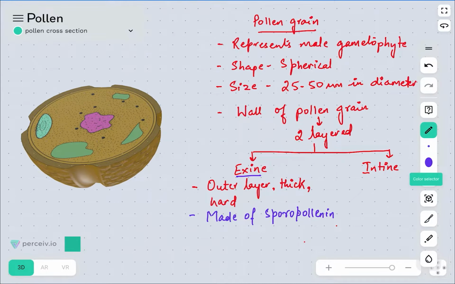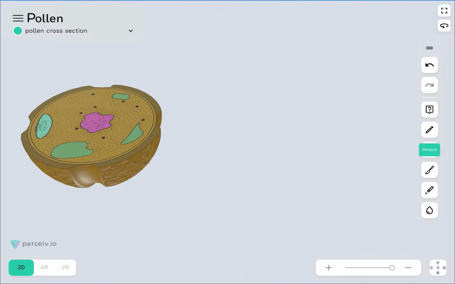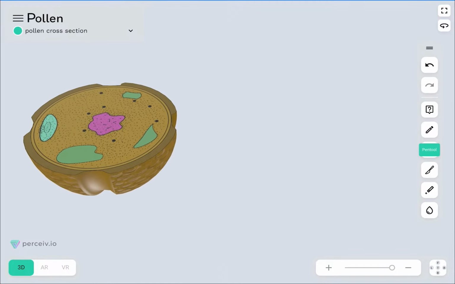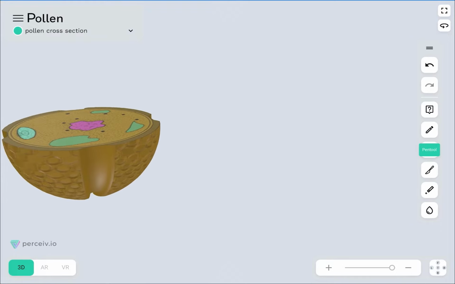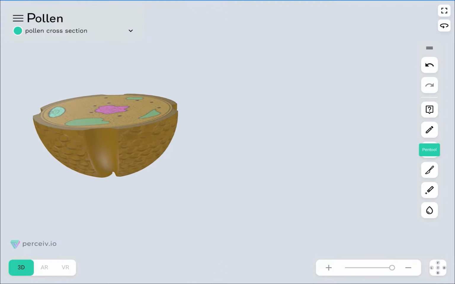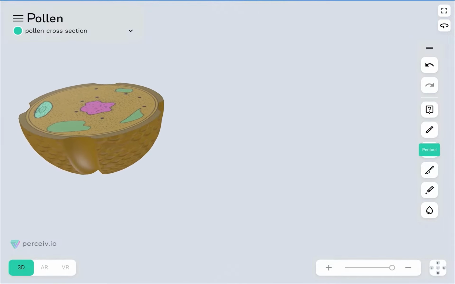Now let me show you where the exine layer is present. As you can see in the model, let me flip it a little bit. You can see the outer hard crusty nature of the pollen grain.